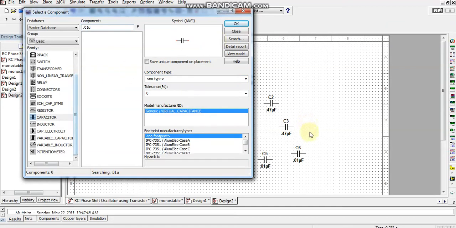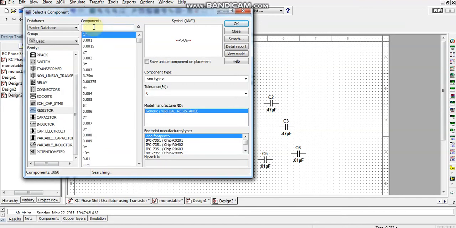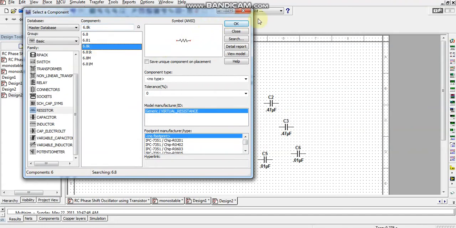Just selecting it. So you require resistors, right? So resistors 6.8. In the design we had used the 0.01 microfarad, and the value we had got near to was 6.8 kilo ohm. So we will make use of that 6.8 kilo ohm.